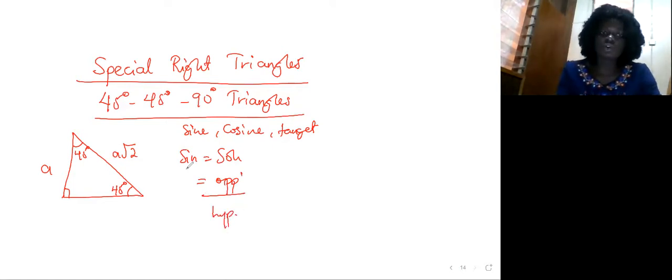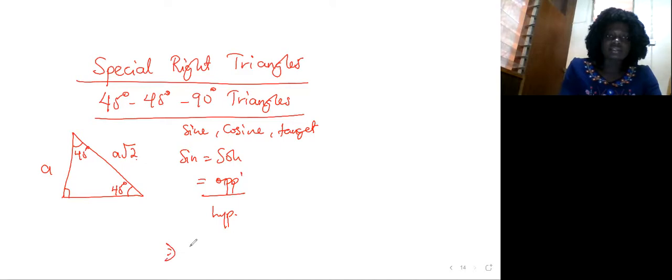So from the right angle triangle, where is our opposite? Our opposite is here. Picking this angle, this will be our opposite. Then the hypotenuse is this side.